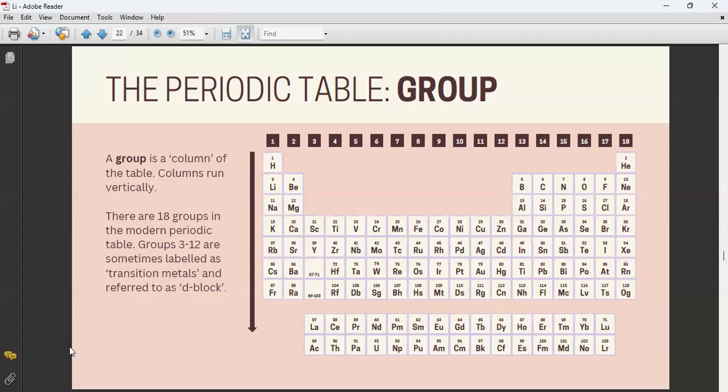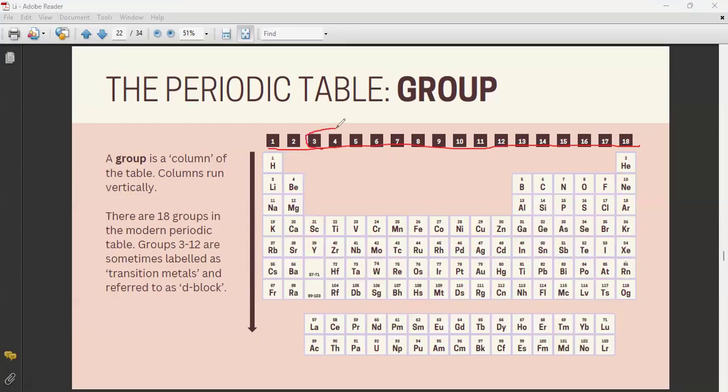Groups 3 to 12 are labeled as transition metals, which are referred to as the D block. There are 18 groups in the modern periodic table, and here we have groups 3 to 12.